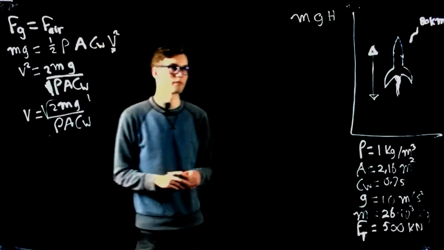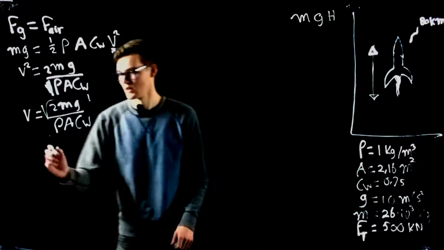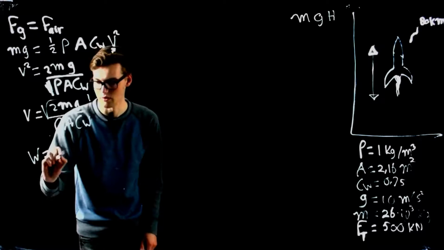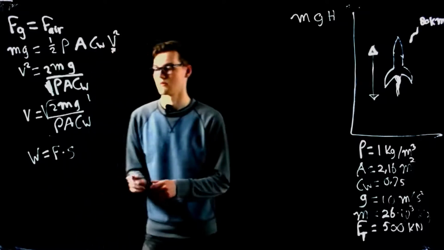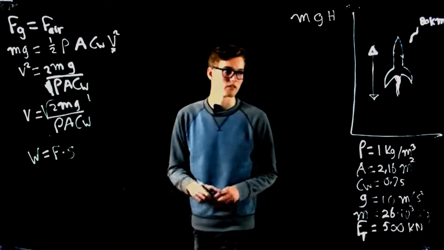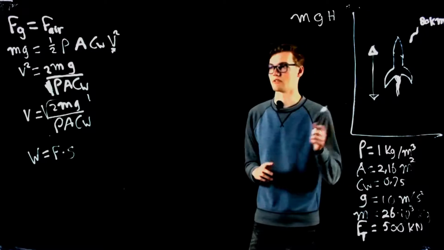Next up, we're going to set up an energy balance, which is going to take the work which is done by the rocket, which can be described as, well, the work is equal to the force times the distance over which the force is applied. And we're going to take the work done by the rocket into consideration with its end velocity and its initial potential energy.